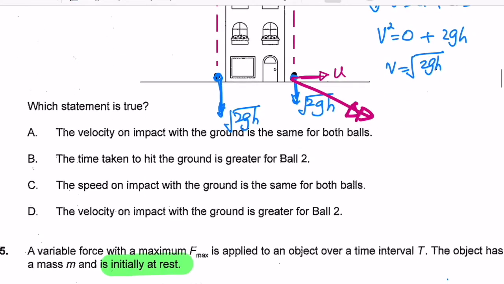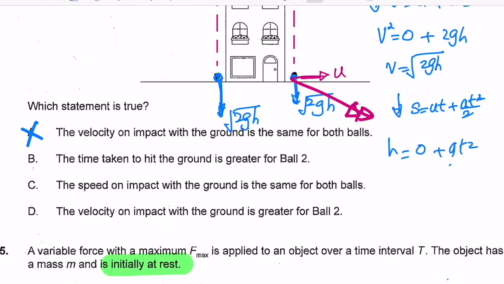So overall this one has a bigger velocity or bigger speed. So let's check. The velocity on impact with the ground is the same? No, velocity is different. Time taken to hit the ground is greater? No. If you write one more equation, s equals ut plus at squared over 2, from that h equals 0 plus gt squared over 2, t equals root of 2h over g.